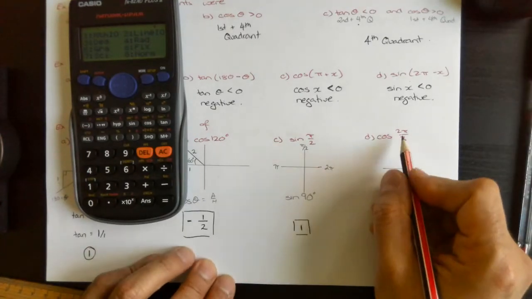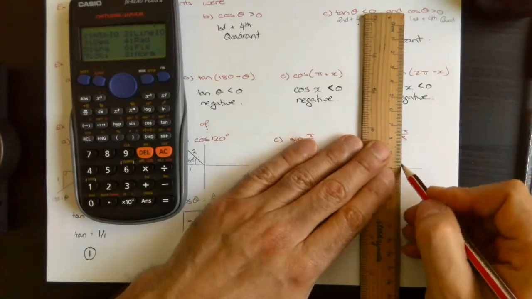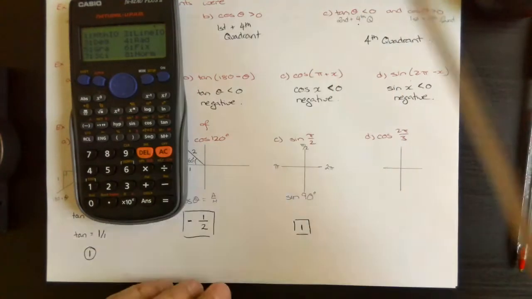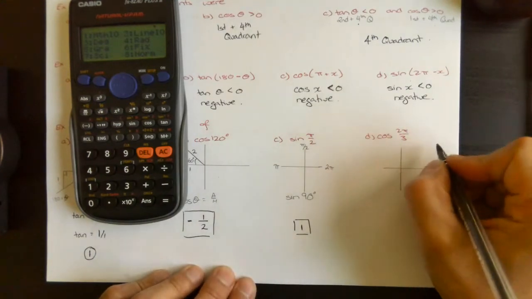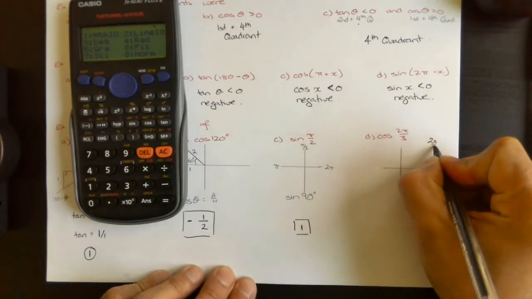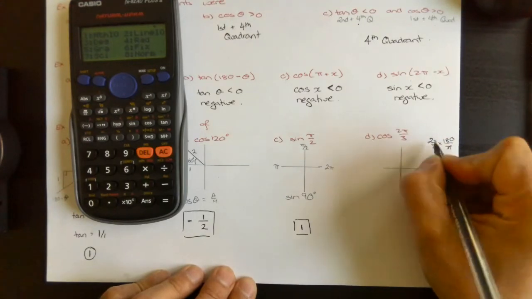We've got 2 pi over 3. Okay. We can convert, if we like to convert 2 pi on 3, we times it by 180 over pi.